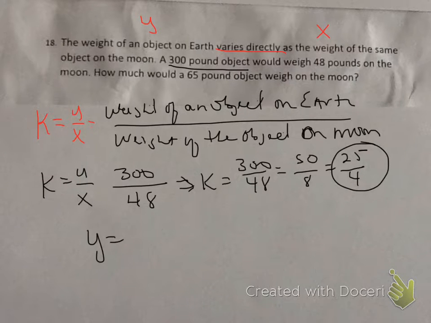So then we have y equals kx. Don't forget your y is still the weight on Earth and the weight on the Moon is x. It says how much would a 65-pound object weigh on the Moon?